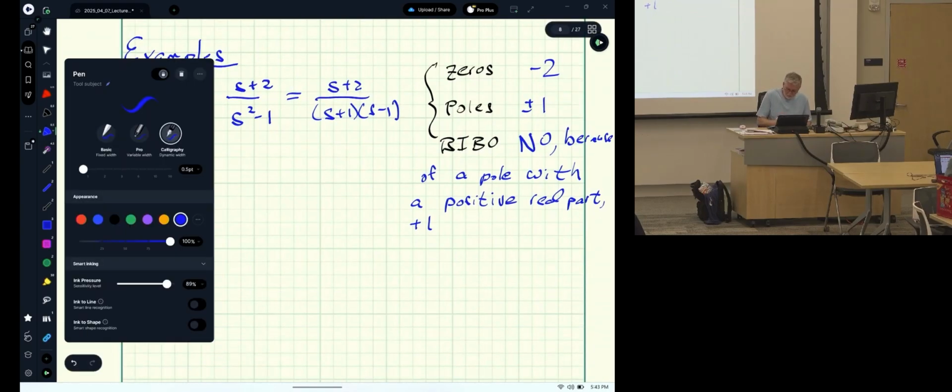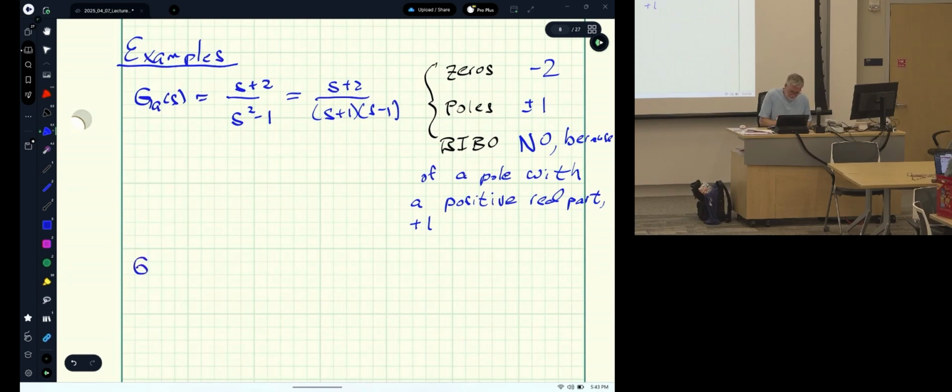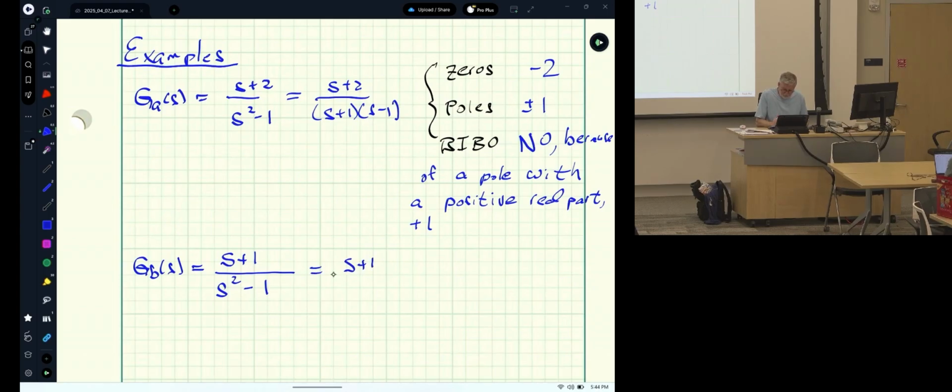That one's easy. This one will be easy too, but then we'll get to a little more difficult one. Okay? S plus 1 over S squared minus 1. Look, S plus 1, S plus 1, S minus 1.